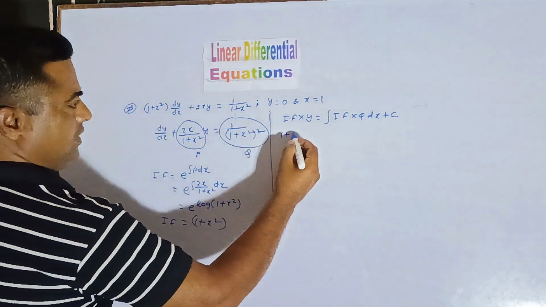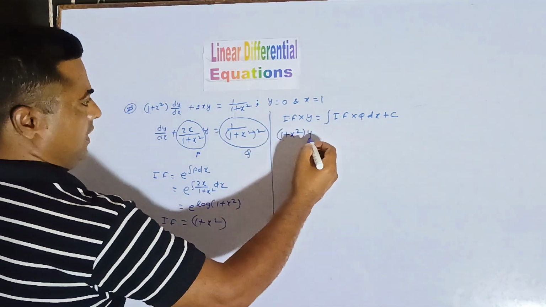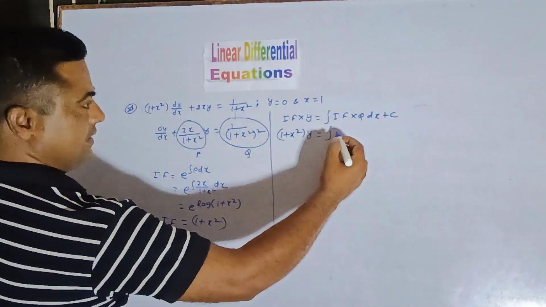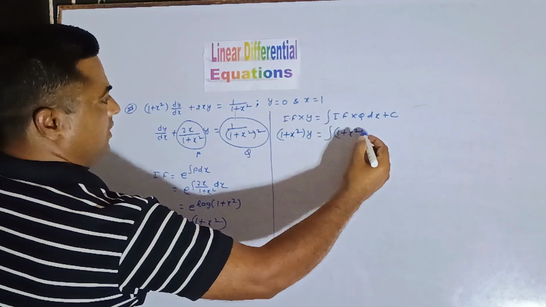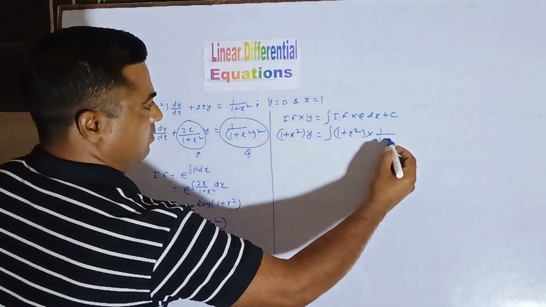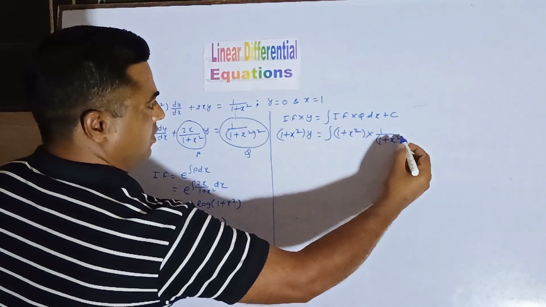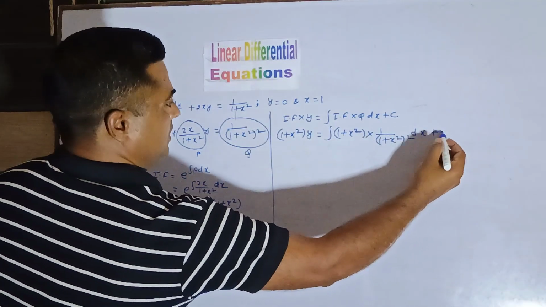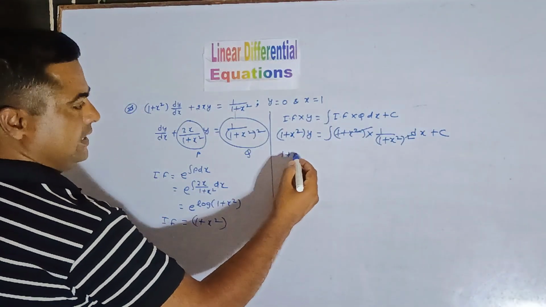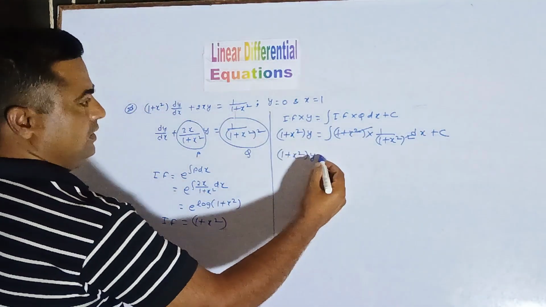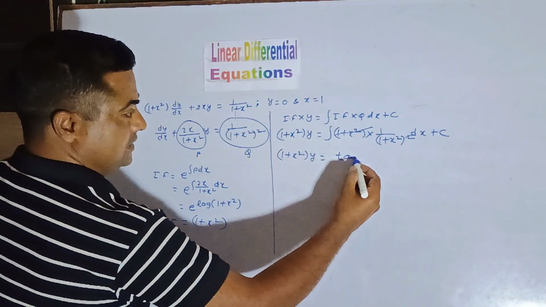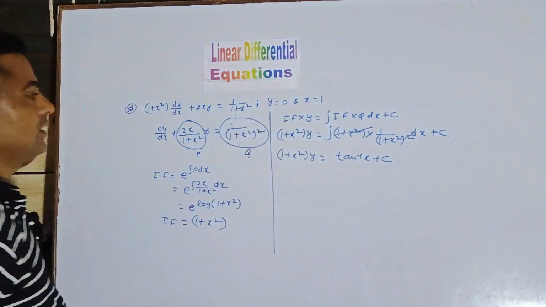We can put here 1 plus x square into y is equal to the integral of 1 plus x square, and the value of q, you can see, is 1 over 1 plus x square whole square, into dx plus c. Now one power is cancelled out and we can write 1 plus x square y is equal to the integral of 1 upon 1 plus x square, which will be tan inverse x plus c.